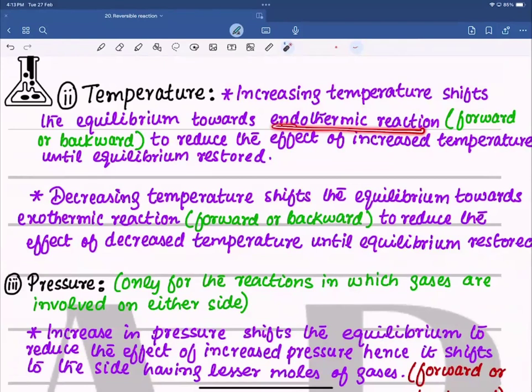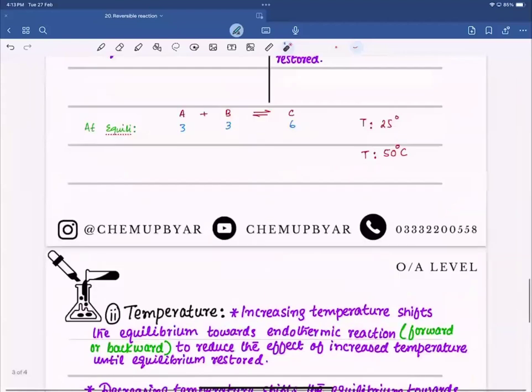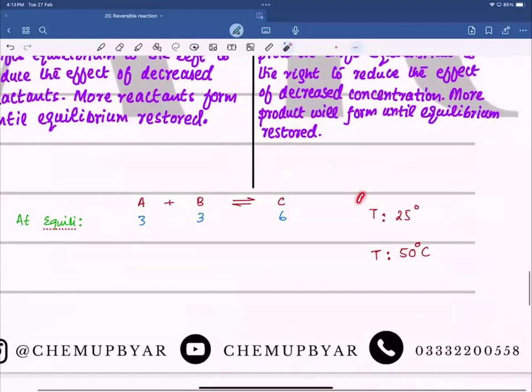Now we have to identify whether the forward reaction is endothermic or the backward reaction is endothermic, and how do we identify it? For example, they always give you a delta H value, or they tell you in the statement whether it's an exothermic or endothermic reaction. If the positive sign is there with the delta H value, it means that the forward reaction is endothermic, and whenever the forward reaction is endothermic, the backward reaction is exothermic.